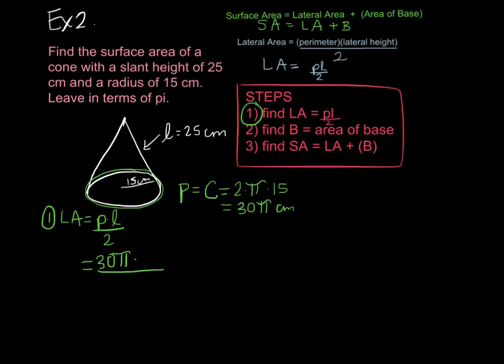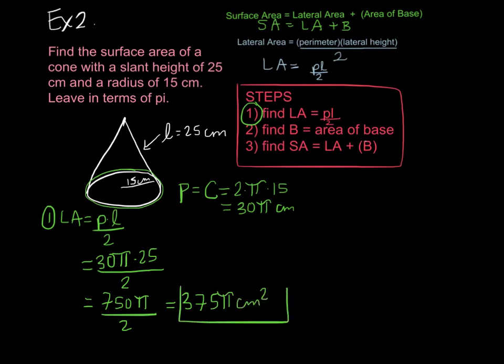They gave it to me. It's 25 divided by 2. So that's 750 pi divided by 2. And 750 cut in half happens to be 375 pi centimeters squared. And that is my lateral area.